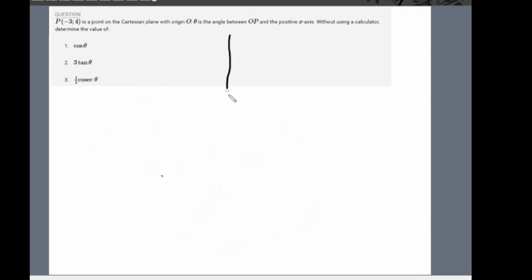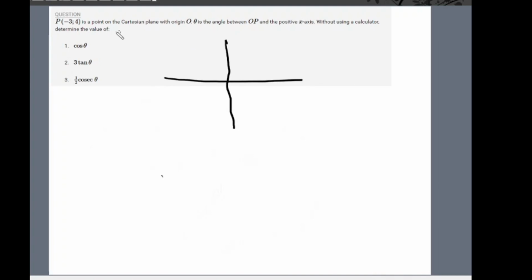So, the y-axis and the x-axis, right? Okay, it won't be straight because I am not drawing well here. Okay, the y-axis and then the x-axis, right?